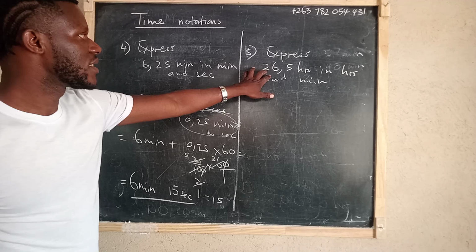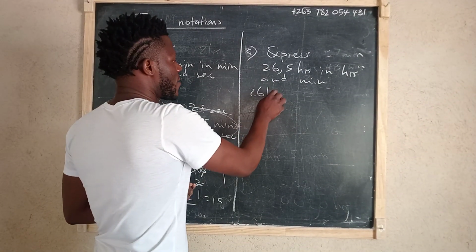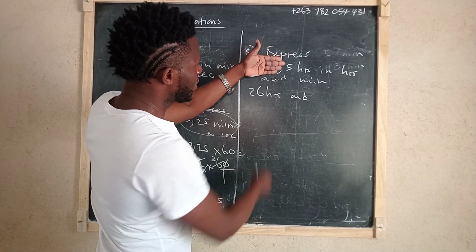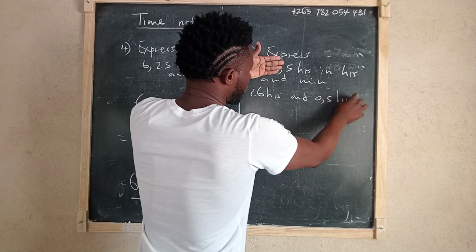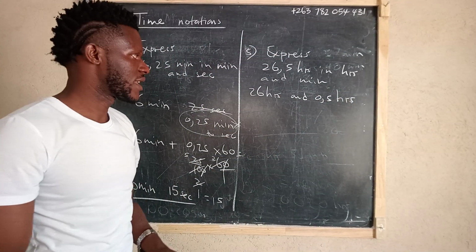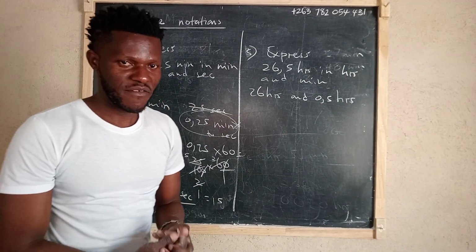This is not 26 hours and 5 minutes. It's 26 hours, and if you remove 26, it's a decimal, we have 0.5 hours again. And we cannot directly convert hours to minutes just like that. We have 26 hours and an extra 0.5 hours.